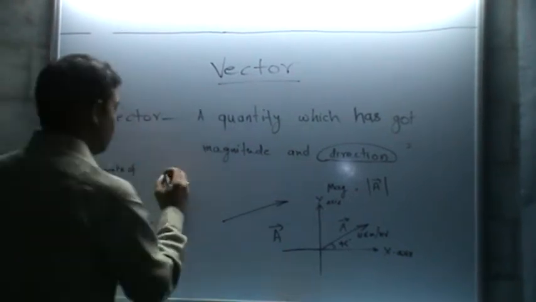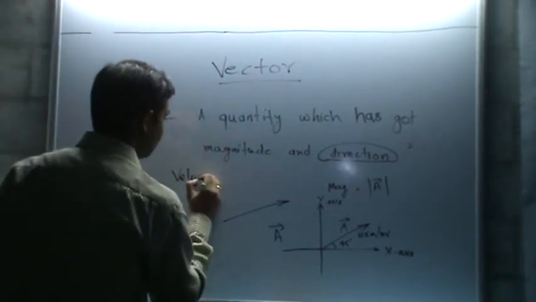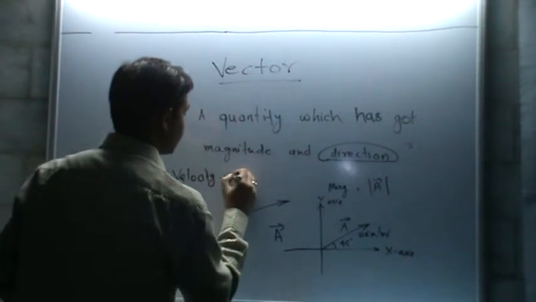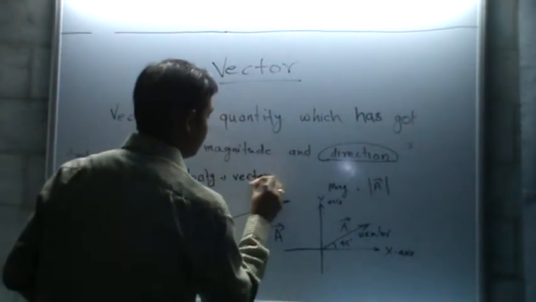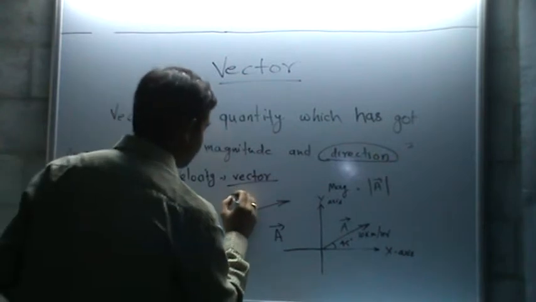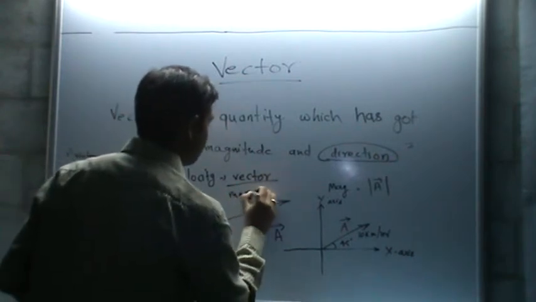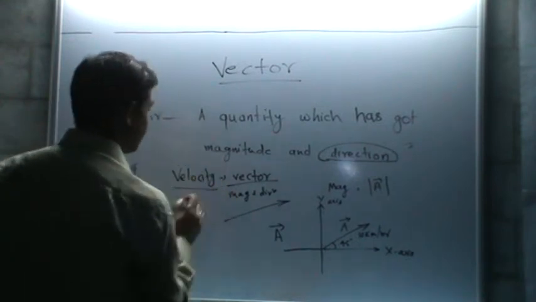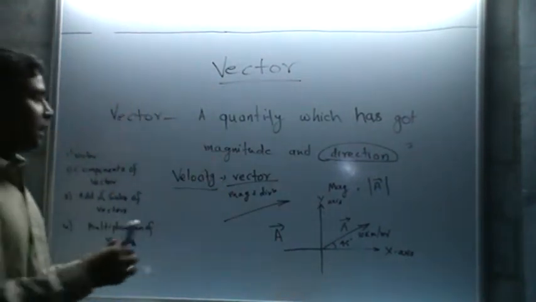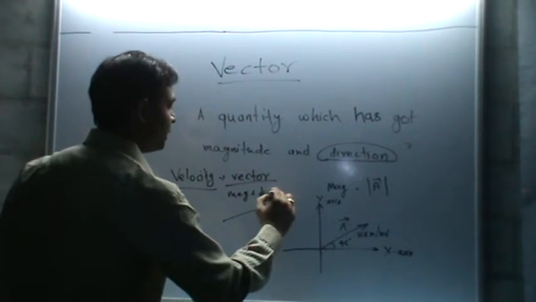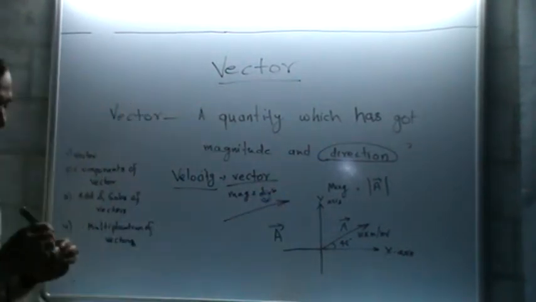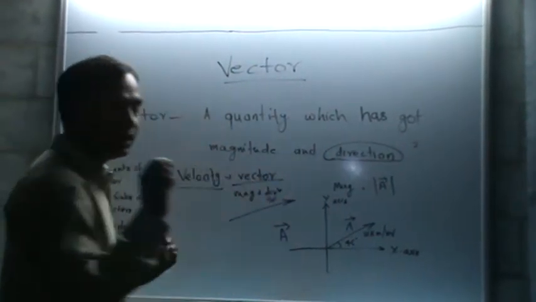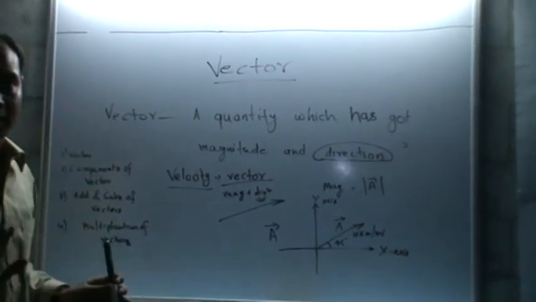Velocity is a vector, because it has magnitude plus direction. Whenever you say velocity, it means it will always have a direction with it. If you don't have any direction with it, you cannot call it a vector.